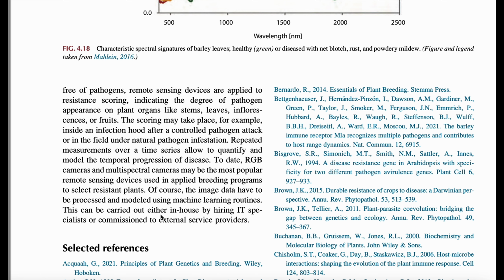This can be carried out either in-house by hiring IT specialists or commissioned to external service providers. I will suggest you make friends with the people studying machine learning and artificial intelligence. They can help you with the early detection of various diseases.